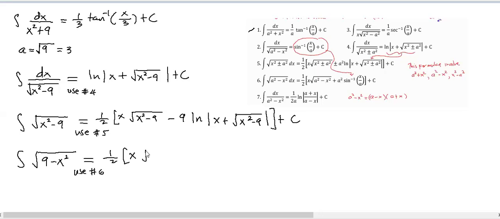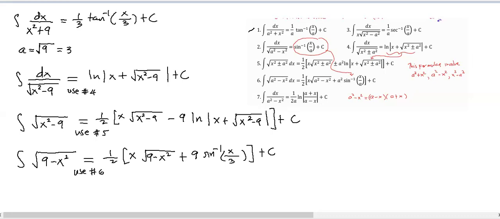So, square root of 9 minus x squared, and then plus a squared, that's 9, and then arc sine. Pag binaba natin ito, arc sine. Pag inakyat natin, it is part of our answer. So, this would be arc sine of x over a, so x over 3, and then plus c. Okay, so that's number 6: 1/2 x times the radical plus a squared arc sine.